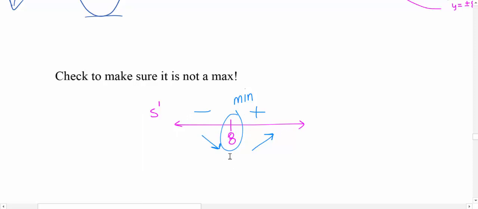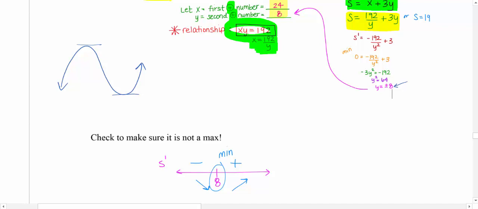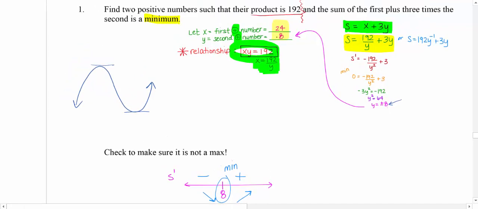So I can see that indeed 8 would be a minimum value, and 8 was the y value, so that's why I put that back up where I identified my variable. And then if y is 8, x is 192 over y, so 192 over 8 would be 24. Okay, so let's take a look at maybe a little bit more geometrical of an example.